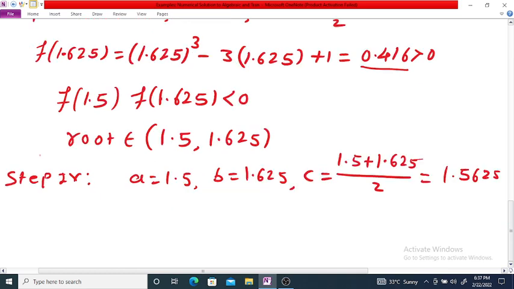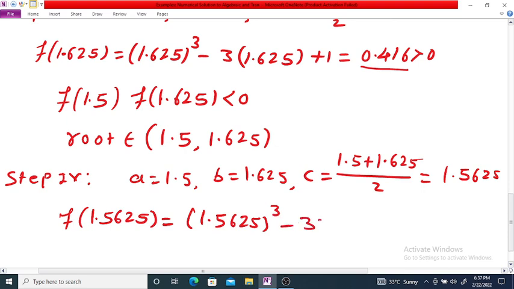Now if you find the sign of f of 1.5625, that is 1.5625 cube minus thrice 1.5625 plus 1, it is equal to 0.1272, which is greater than 0.